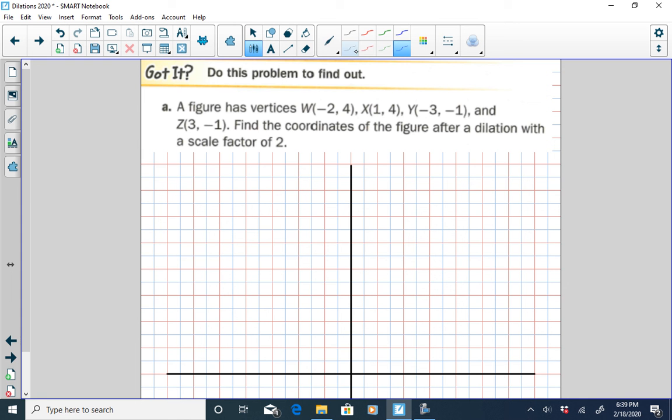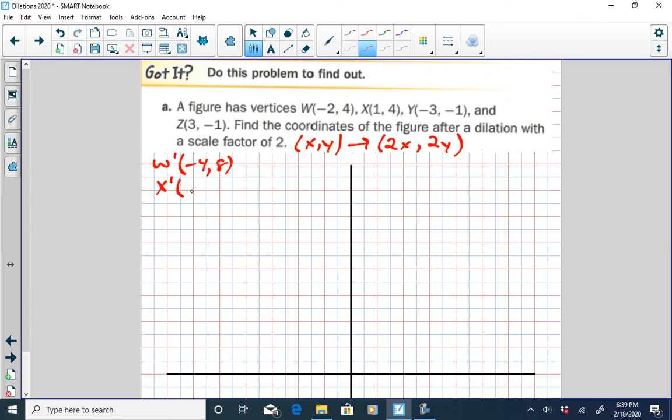So let's start with a rule, because I always like to write the rule. So (x, y) goes to (2x, 2y). Let's start with W prime. We have 2 times x, so it's going to be negative 4. 2 times y, that's going to be 8. So if W is at negative 2, 4, W prime is at negative 4, 8.